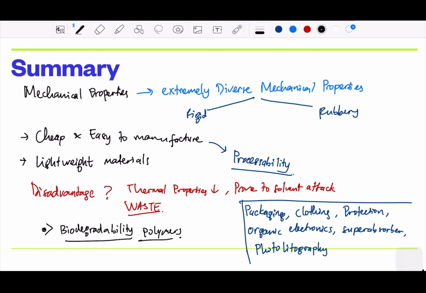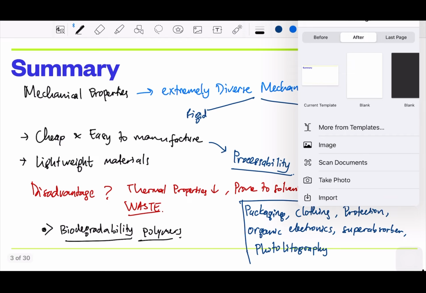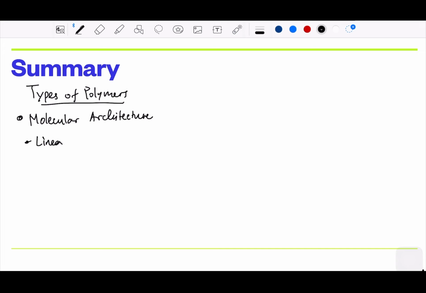Okay, and then types of polymers. If you remember, first, based on what polymers look like. So first we can look at the molecular architecture. So we have linear, right? Linear. We have branched.